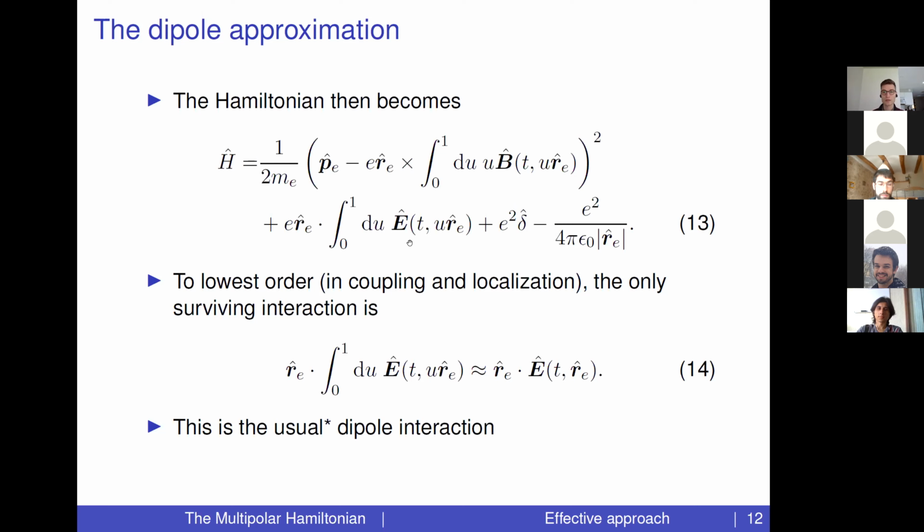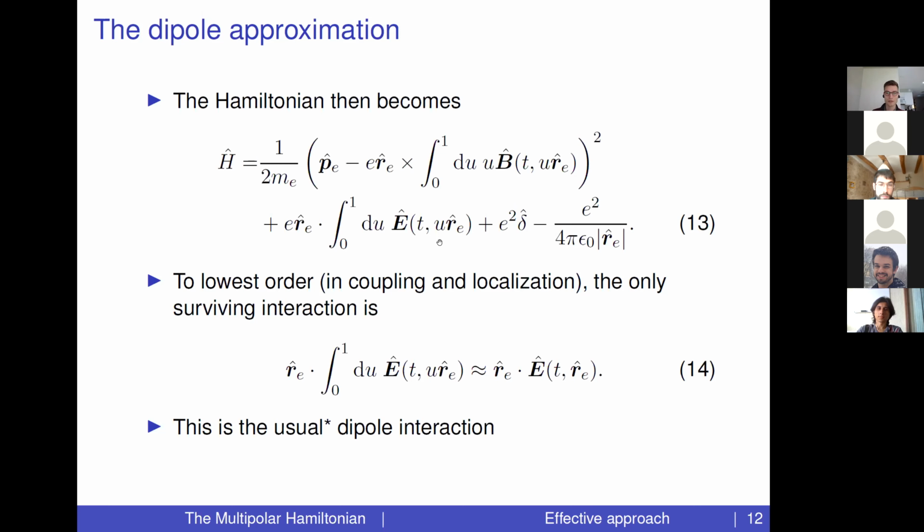That means we want to have multiples of the electric and magnetic field operators. We can do this in terms of small parameters: the coupling constant e, and the localization of the atomic wave function, which gives us the localization of the interaction.